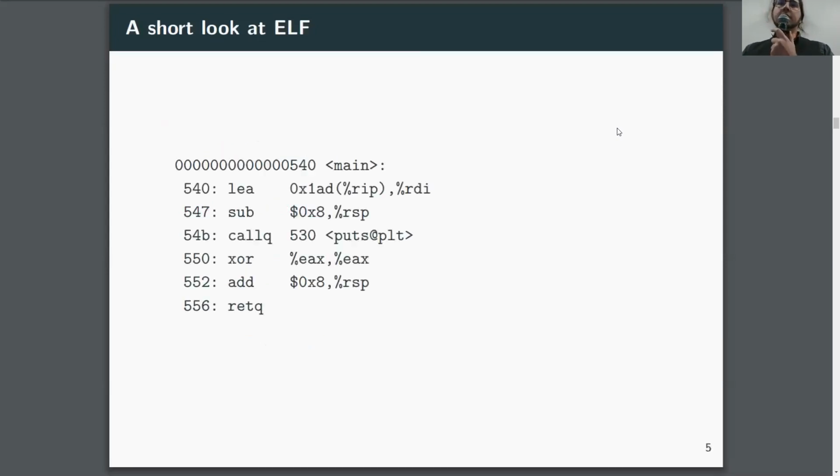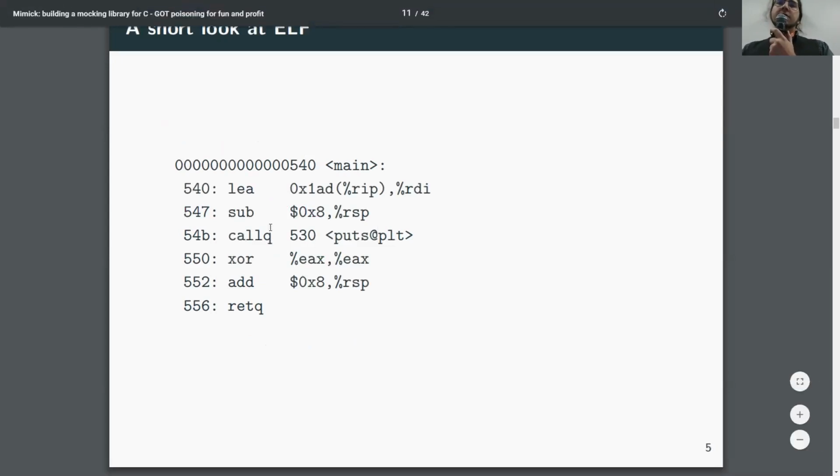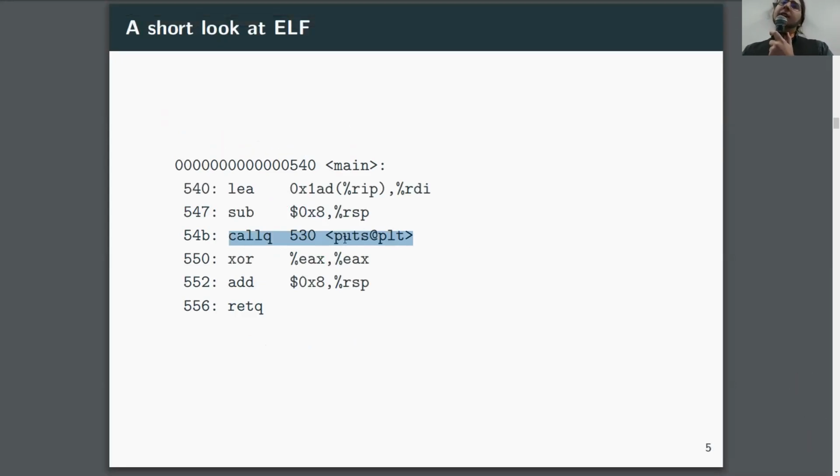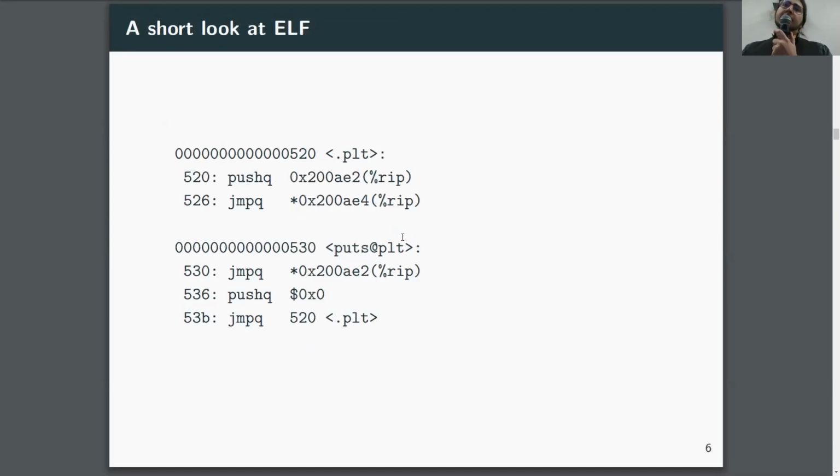This essentially disassembles to that, which is pretty simple. There's some fluff plus a call to our function, but it's not really our function. It's our function at PLT, and the PLT is a kind of table which contains trampolines to our real function.